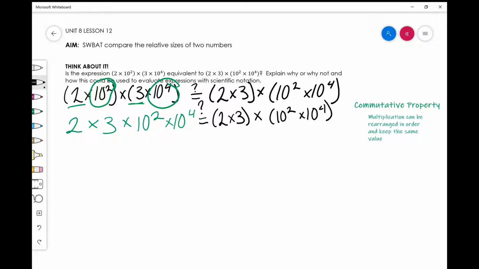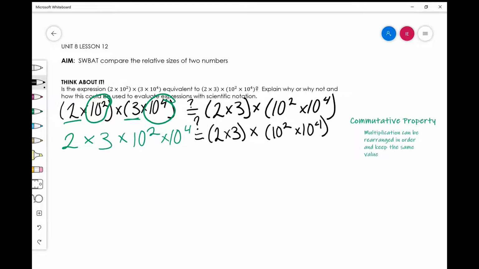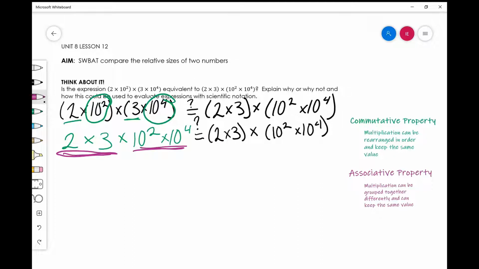Are these groupings going to change the value of my multiplication? Remember that multiplication also has the associative property. The associative property says that multiplication can be grouped together differently and still keep the same value. So if I'm looking at my expressions, on the left, I can group together the multipliers and the powers of 10.